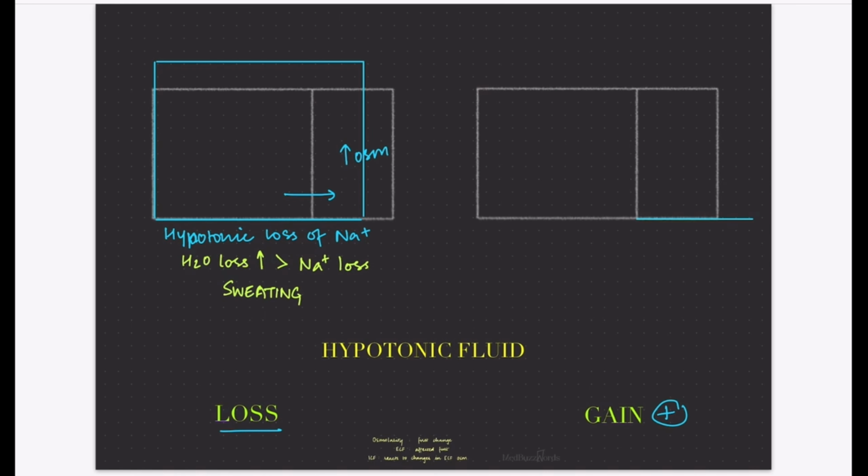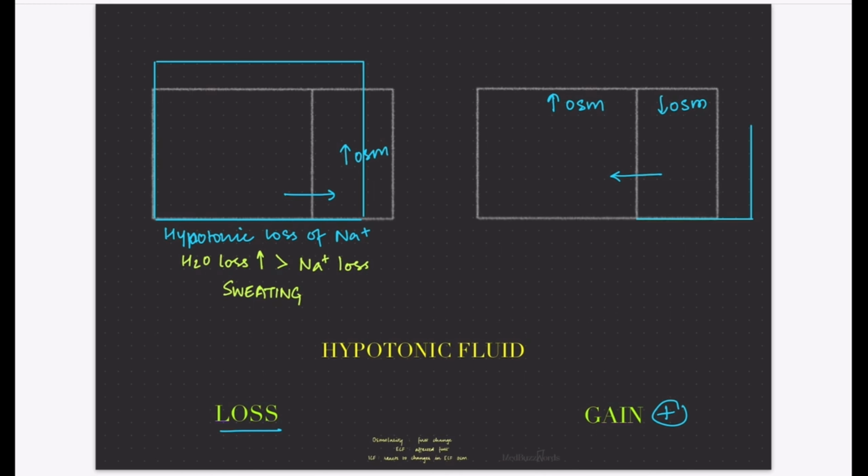The height is going to be less. And since the ICF compartment is going to react to whatever is happening to the ECF compartment, now since the osmolarity of the ECF has decreased and the relative osmolarity of the ICF is going to be higher than the ECF, the fluid is going to flow from the ECF to the ICF compartment.